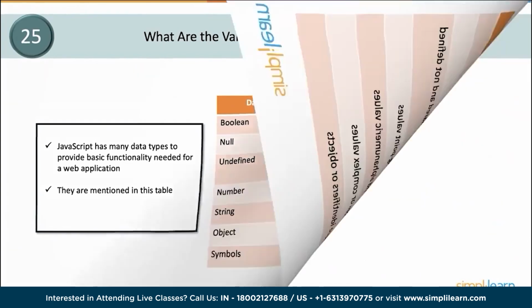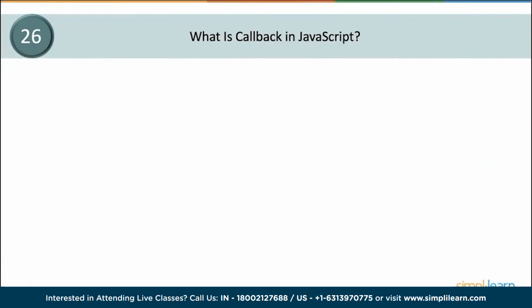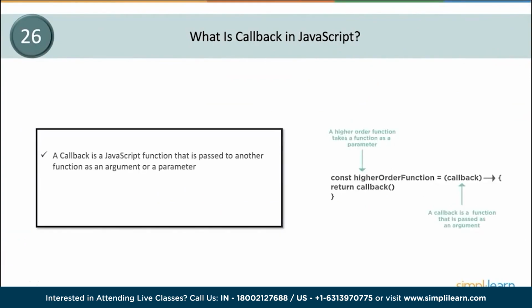Now going ahead, what is a callback in JavaScript? A callback is a function that is passed to another function as an argument or parameter. Callback means: don't call me, I will call you. Clear? The idea is that you are passing the function itself as a parameter to another function, because JavaScript is known to be non-blocking, and never waits for code to finish.